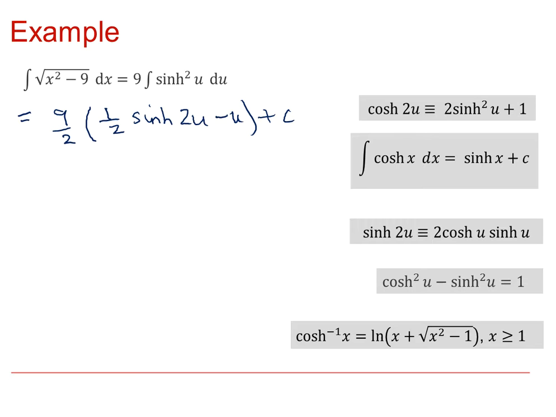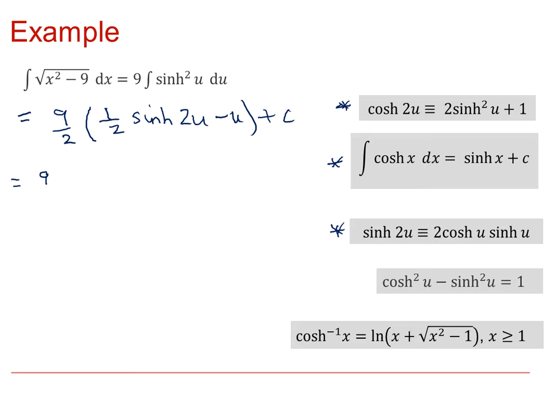However, we're not finished yet. We need to move back to the x variable. So, having used this identity already, this integral of cosh x giving us sinh x, we can now use this next identity, which looks very similar to the circular trig double angle formula.